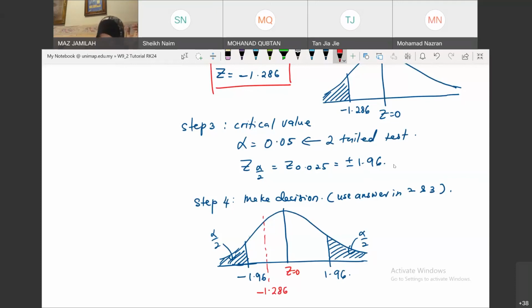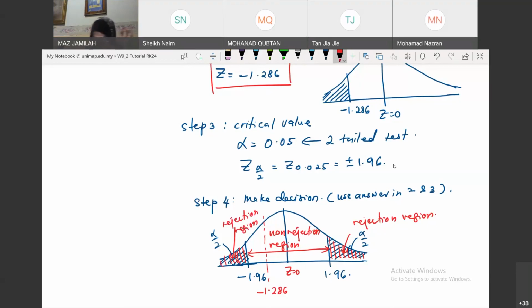Class, this particular area is what we call the non-rejection region. Here, shaded in red, is what we call the rejection region. The same goes to this part, this is also the rejection region.